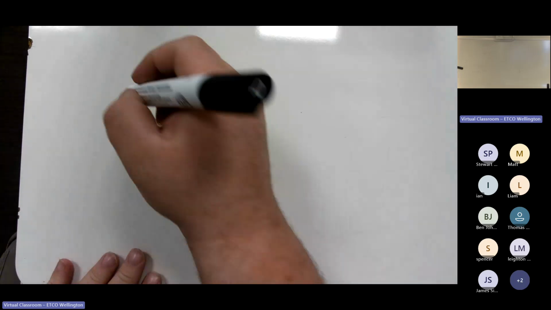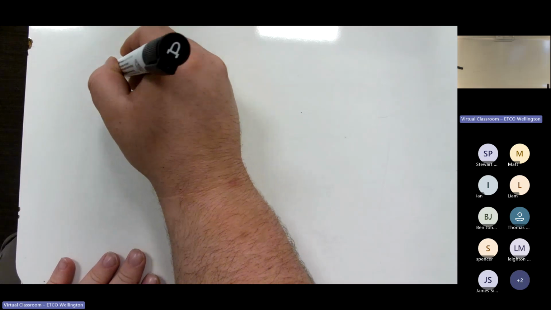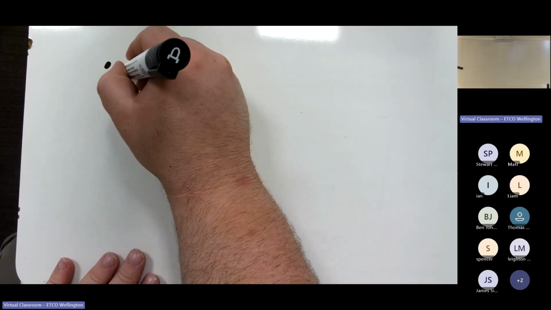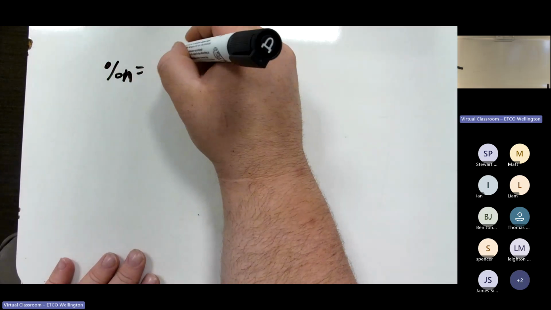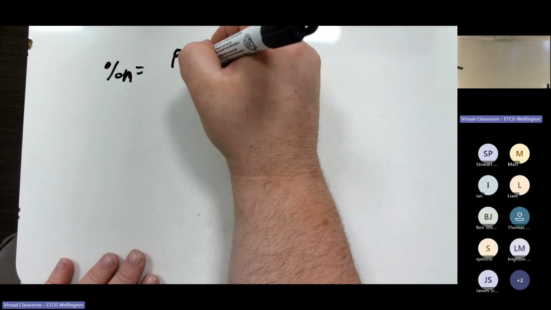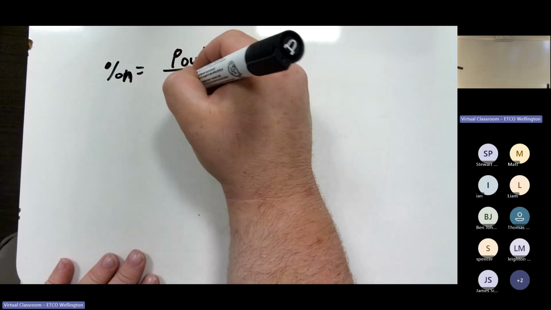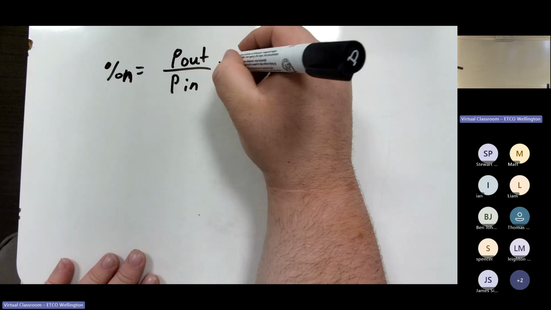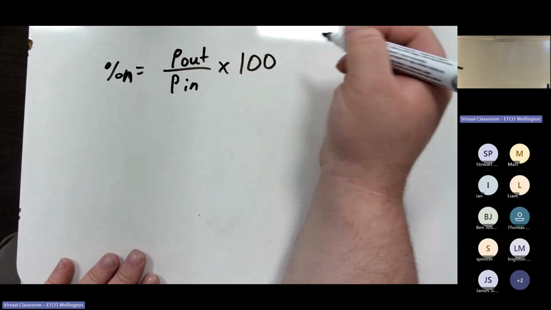Cool. So now we'll work on efficiency. Percentage efficiency equals P out over P in times 100.